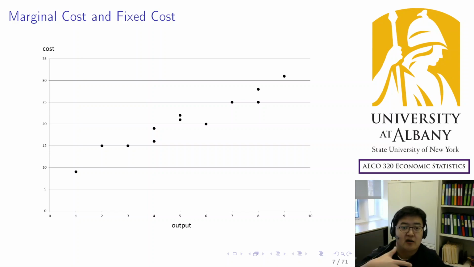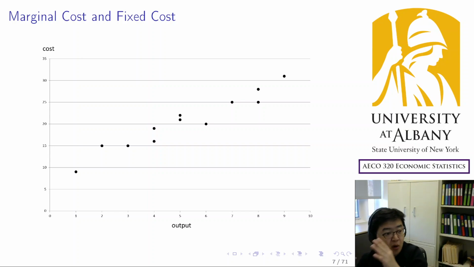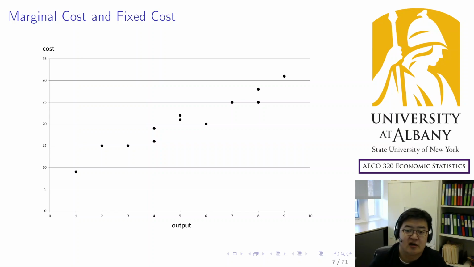So, marginal cost is the increase in cost when you produce more units, more products. That's exactly what we studied in the previous chapter, correlation. And fixed cost is also related, so I'll show you that.